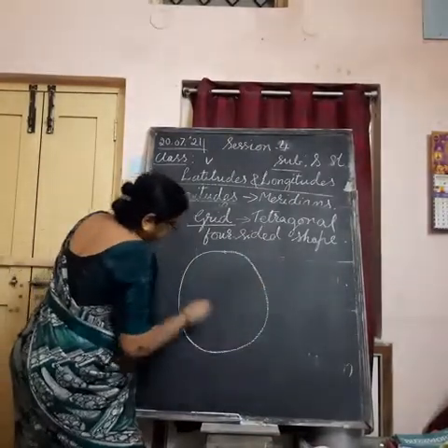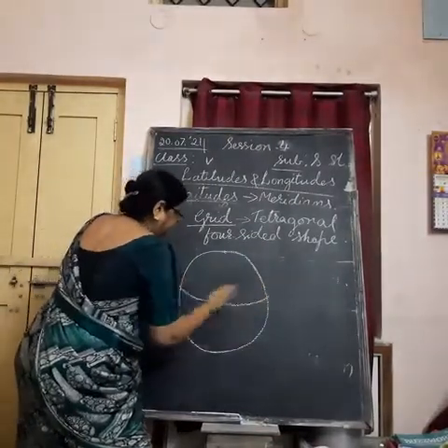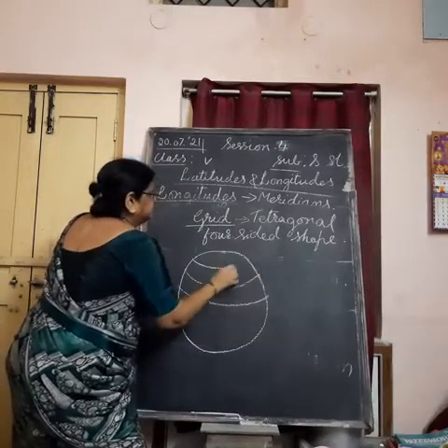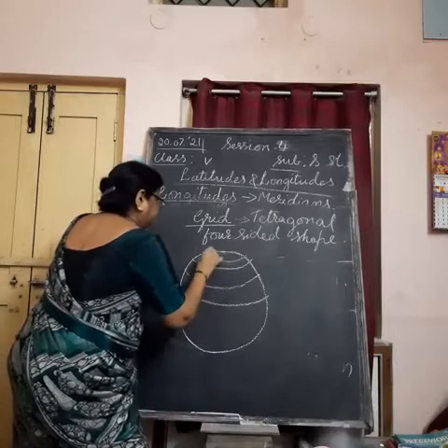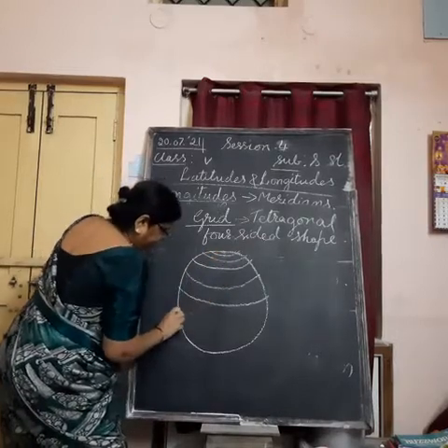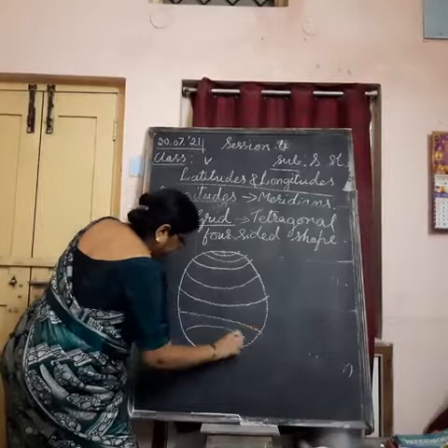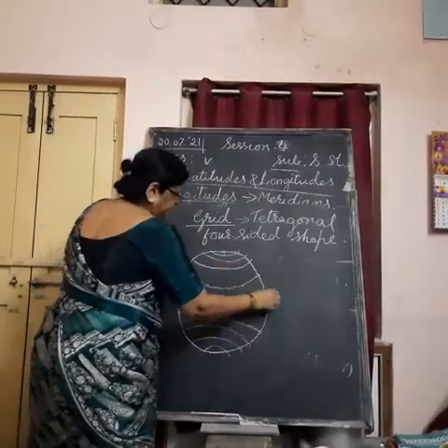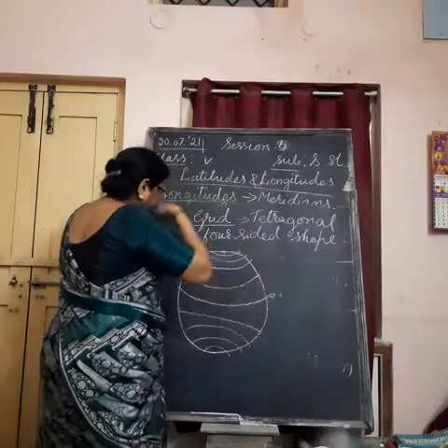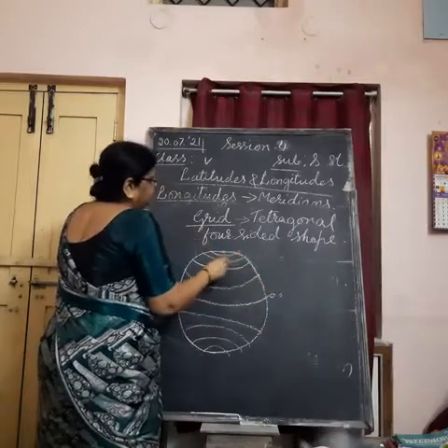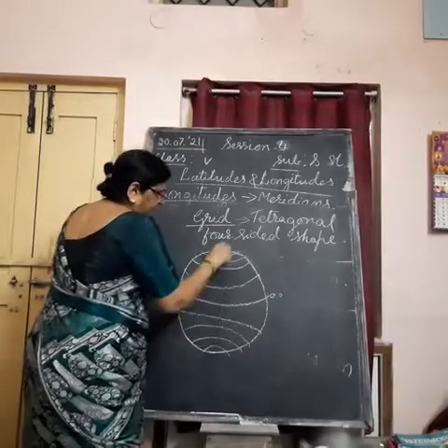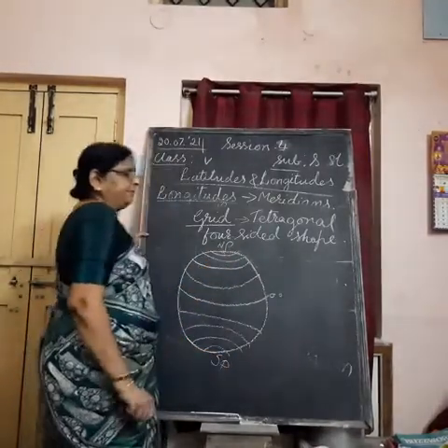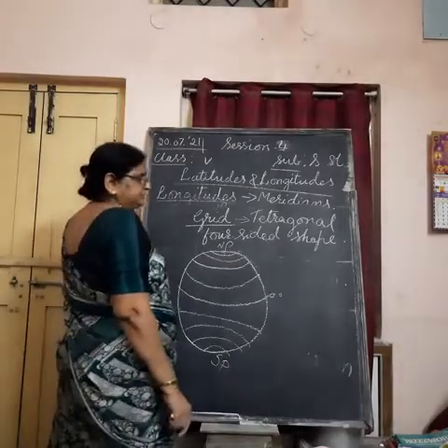If it is the earth, these are the latitudes, parallel lines. They are circles, right? Rough sketch, I always tell. Just think like this. And this is 0 degree. Remaining all will have their own measurement. This is North Pole and this is South Pole.